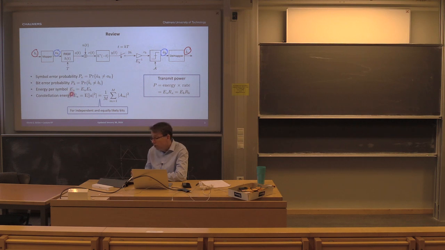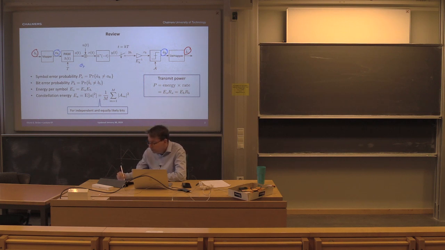And one can show that the symbol energy can be written as a product of two things, EA and EH, where EA is what we call the constellation energy, and EH is the energy of the pulse shape that we use. The constellation energy is the expected value of the magnitude squared of the amplitudes that can be transmitted, because these amplitudes, AK, can take on different values.